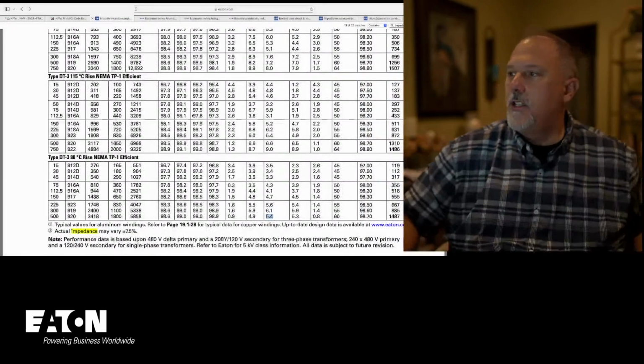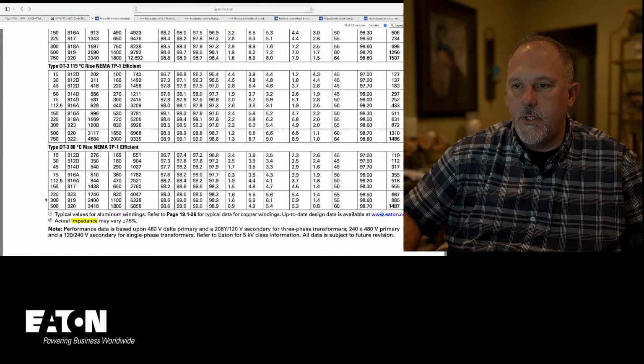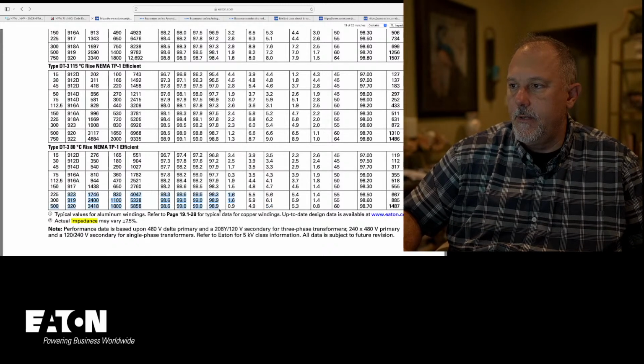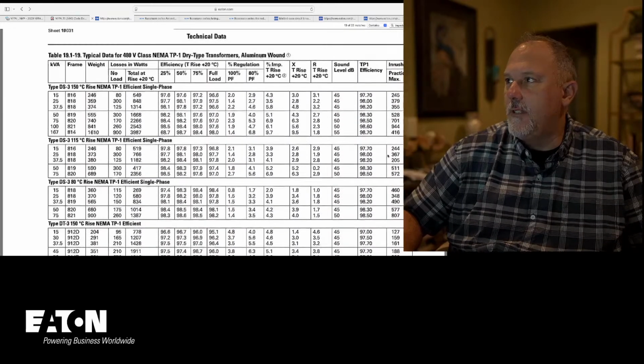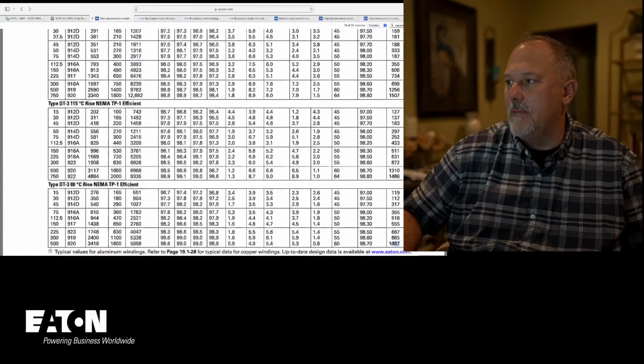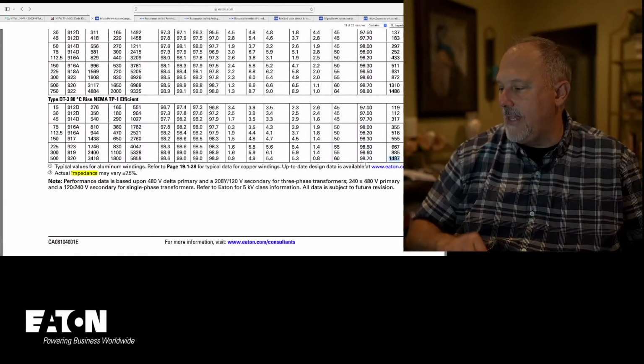Inrush. So what we used was 5.4. We used this transformer right down here, this last line, and the inrush current, inrush practical maximum, is around 1,487 amps.